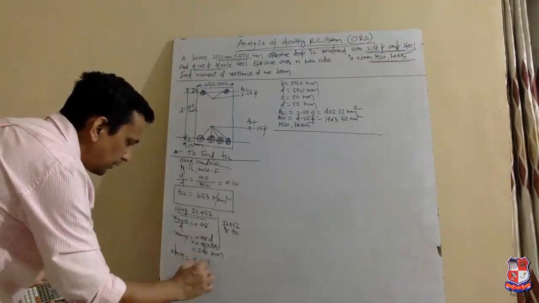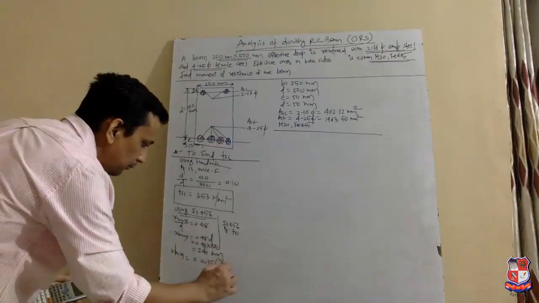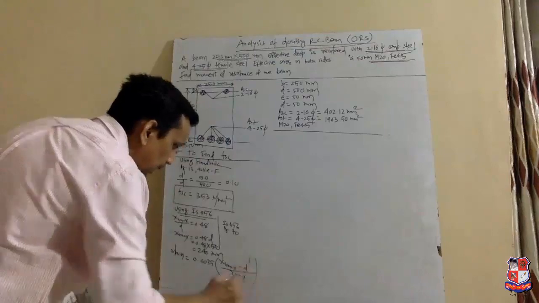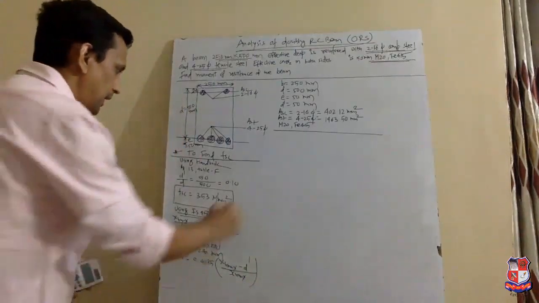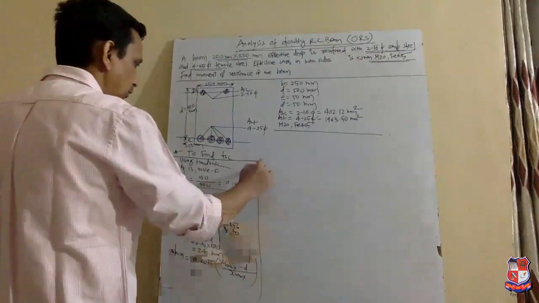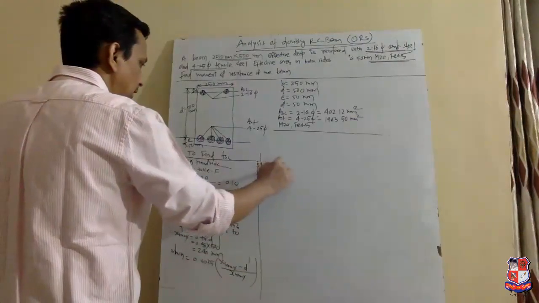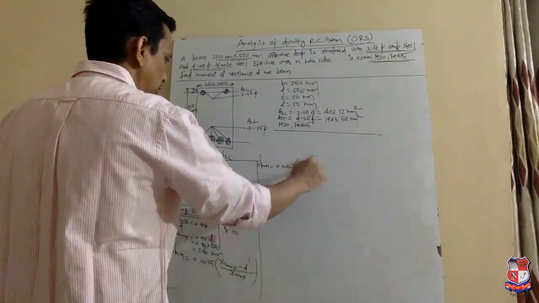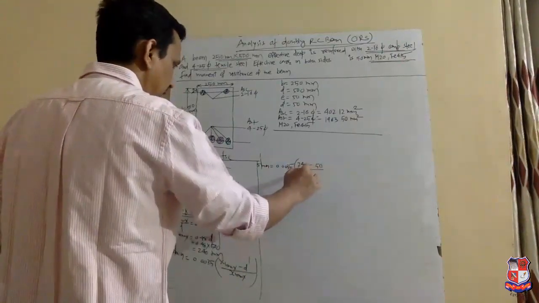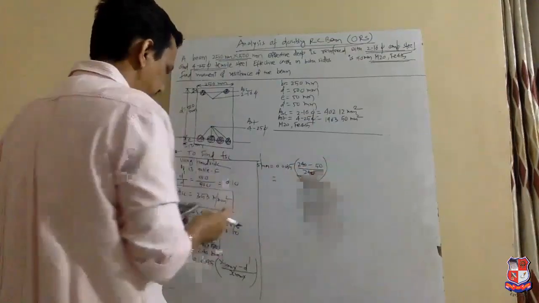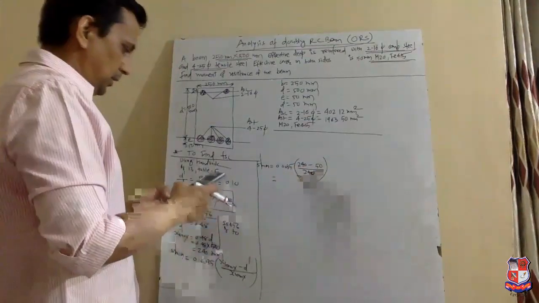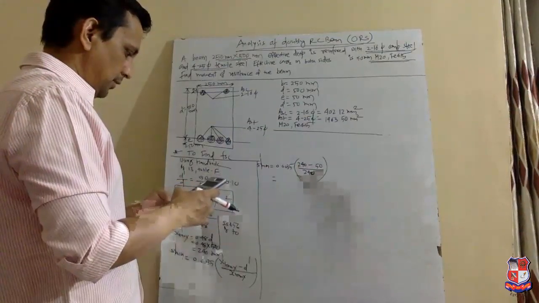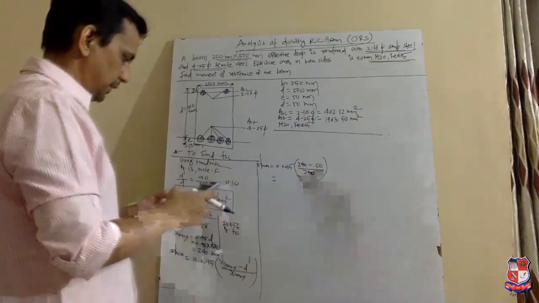After finding the value of xu max, we need to find the value of strain, and its equation is 0.0035 into (xu max minus d dash) upon xu max. When we put the values, xu max is 240 minus d dash is 50, so 240 minus 50 divided by 240 into 0.0035.